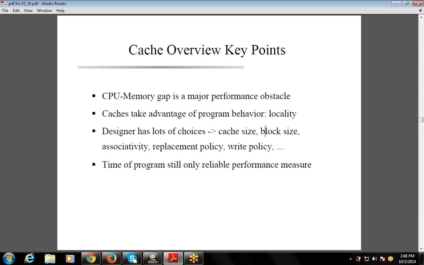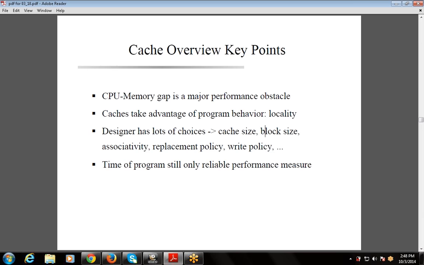Then next point says designers have lots of choices in the cache memory. It depends on the cache size, the block size, the associativity, the replacement policy and the write policy.